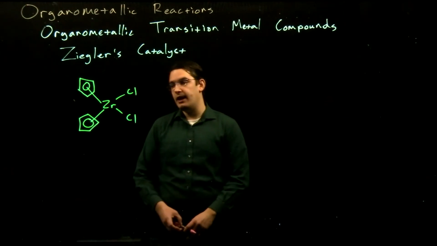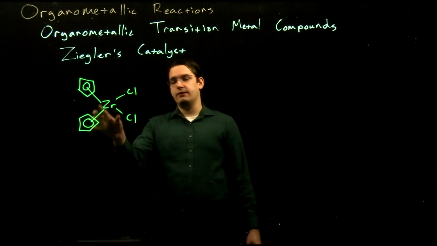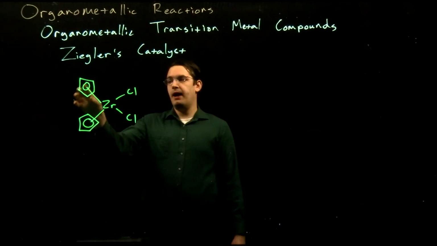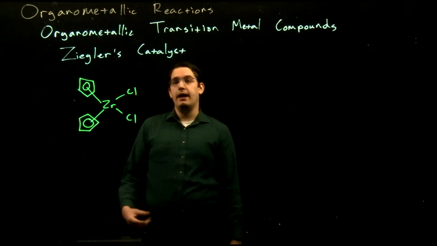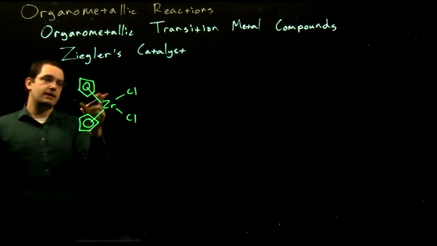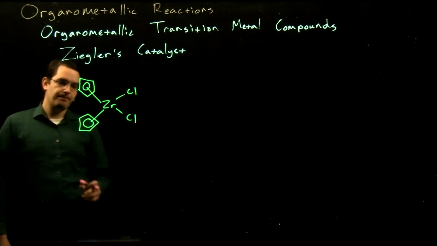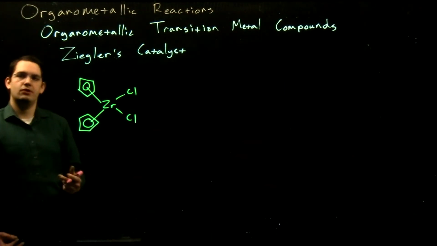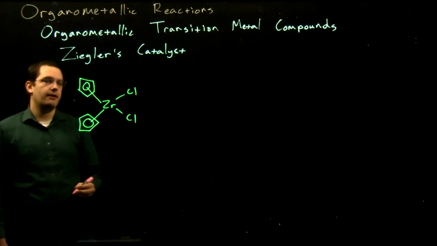So this uses a unique mechanism where we have a zirconium ion that is then interacting with the pi electrons from two different aromatic rings. So we have these two cyclopentadienyl anions here, where we have an aromatic compound formed from two double bonds combined with two electrons from an anion. Right?